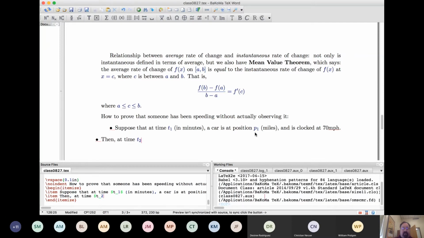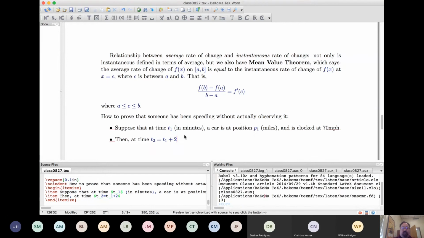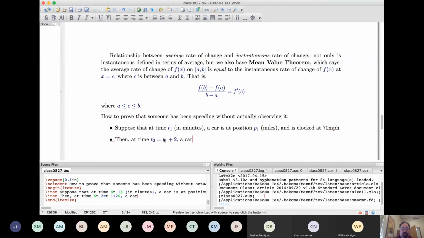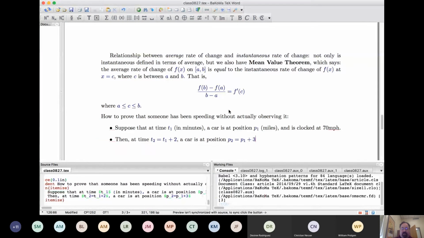Then at a second time, I'm going to make these numbers kind of extreme just for the illustration, but you get the idea. So 2 minutes later, they're observed at a second position, P2, and that is P1 plus 3 miles.